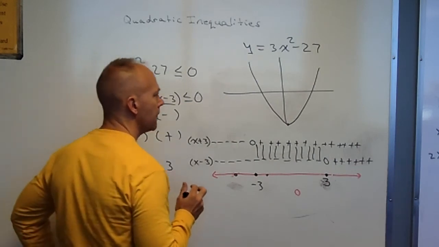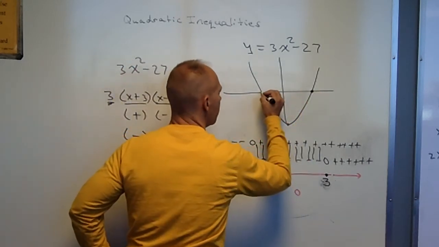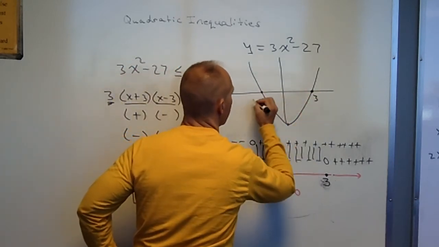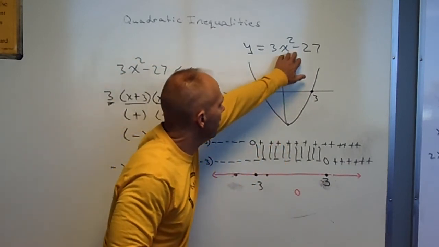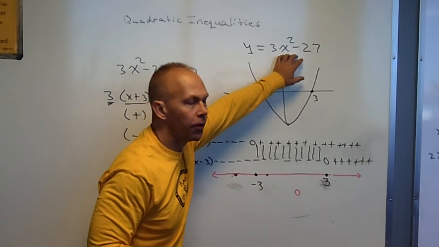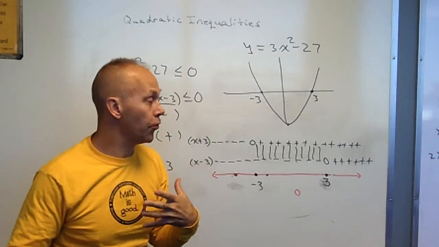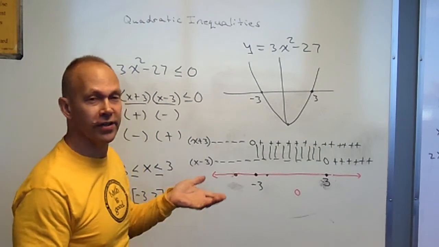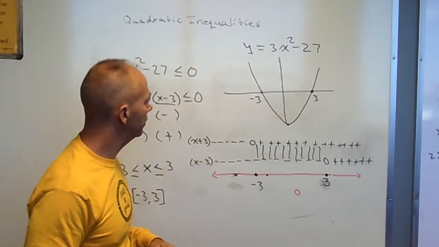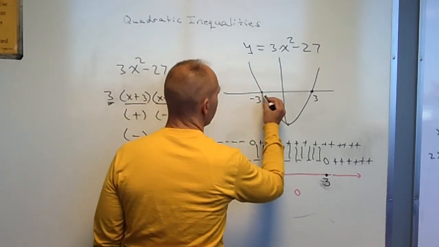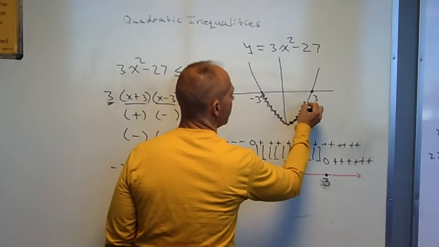Now, points I'm interested in are my zeros. And of course, we know that those are 3 and negative 3. I want to know when will this thing be less than or equal to 0? Well, y is equal to that. So I want to know, where are the y-coordinates less than or equal to 0? That's where the y-coordinates are below the x-axis. Well, that's all these points right here.